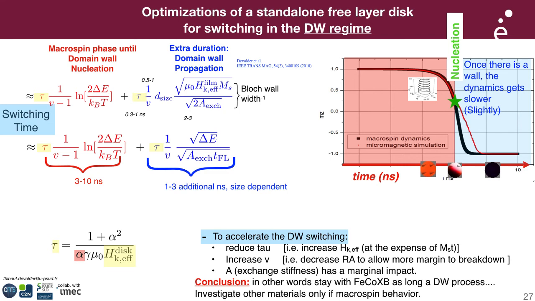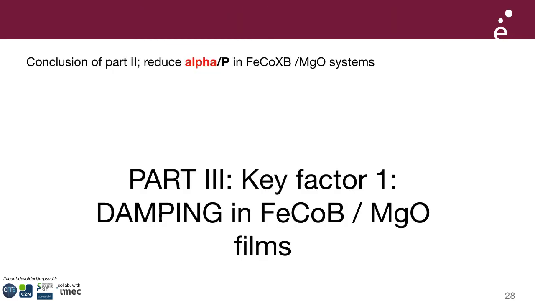This tells us that in fact there's no reason to try to do anything else than iron-cobalt based alloys to get a fast switching, as long as the switching stays a domain wall process. Of course, if someday we have a macrospin behavior because we are small enough, cold enough, or just small enough, then there will be an interest to investigate other materials.